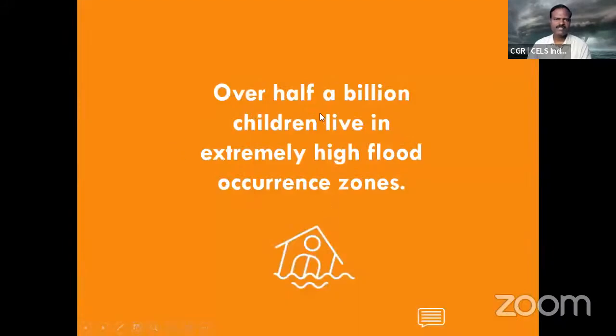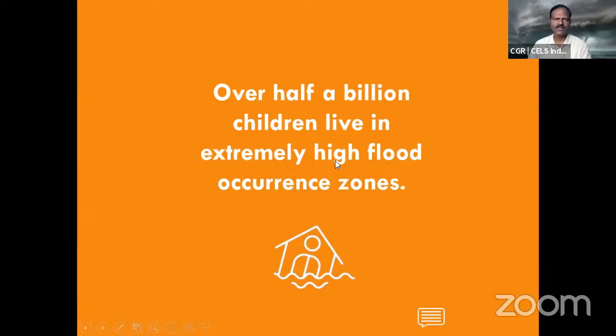Over half a billion children live in extremely high flood occurrence zones. Again, we have seen that due to climate change, areas where rainfall was less are now receiving 30% to 50% and even 100% more rain.